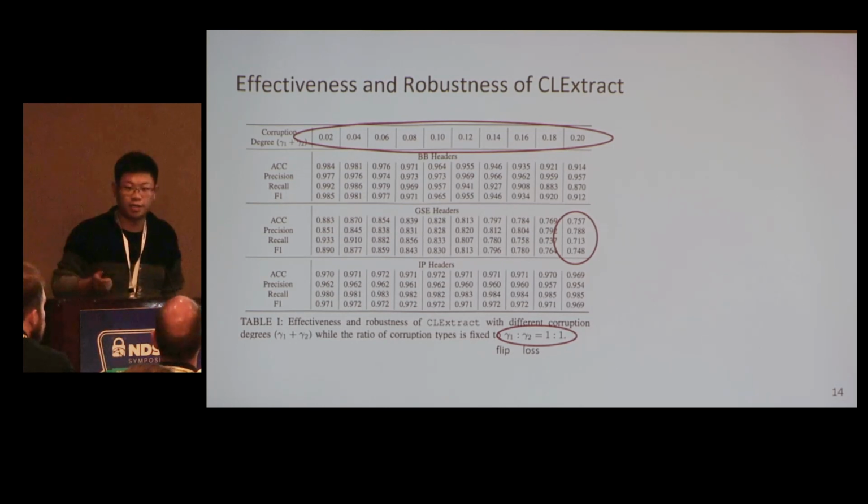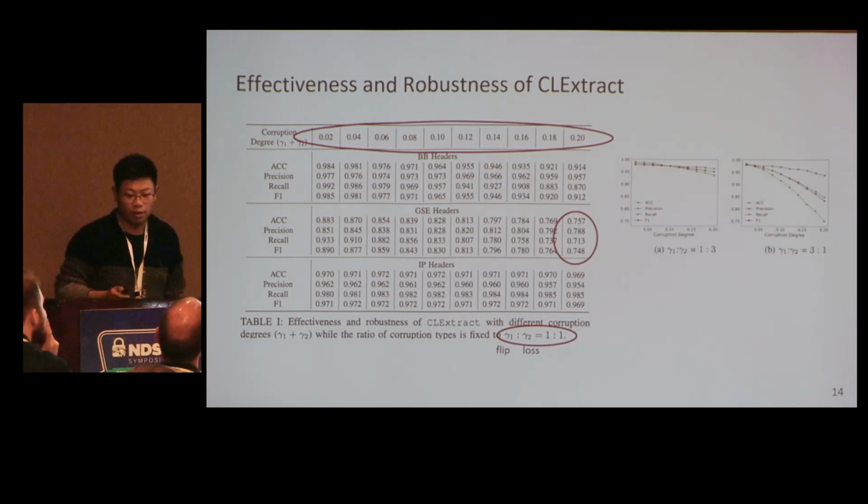But for GSE header identification, it's not that good. The reason is that the GSE header is relatively short compared with the other 2 headers, and the length of the GSE header is variable. So our machine learning model cannot precisely grasp the features of GSE headers. And we see similar results when the flip and loss is changed.